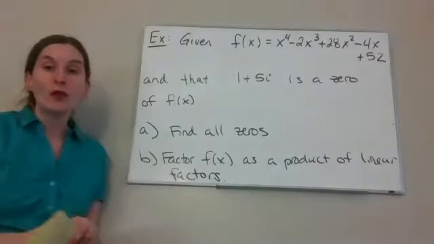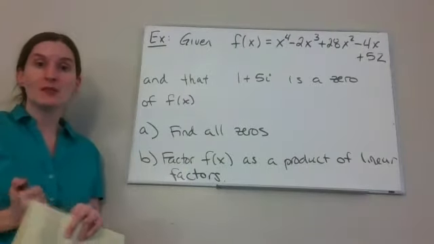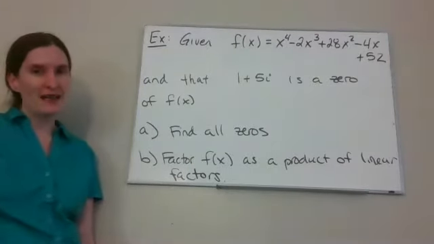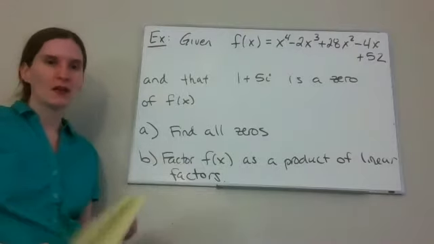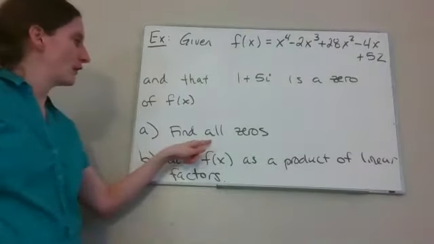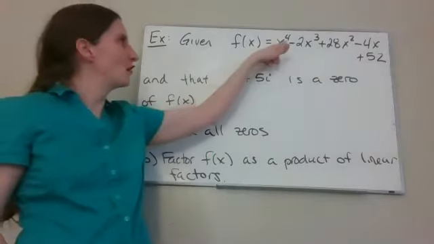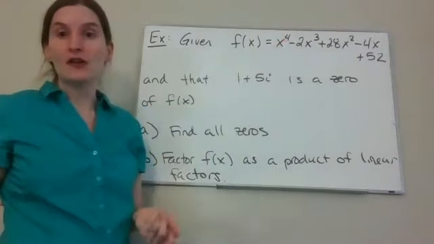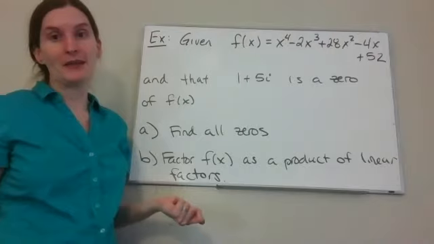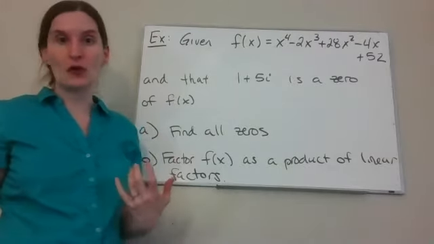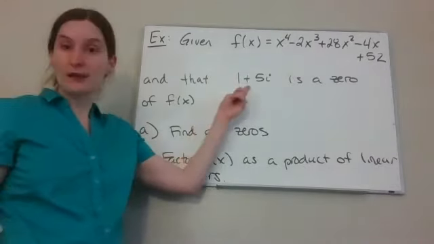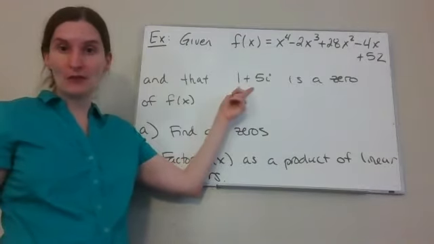All right, well, before we even start this problem, let's just first figure out how many zeros we're looking for. We need to find all of the zeros. The degree of my polynomial is 4. My fundamental theorem of algebra tells me that that means I have 4 zeros total. 1 plus 5i is one of those zeros.